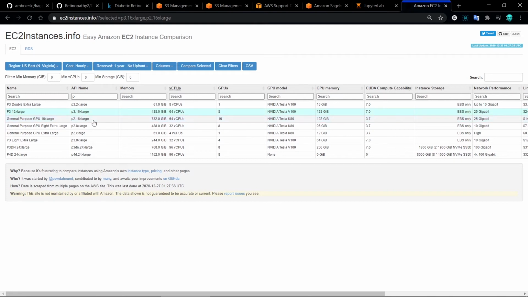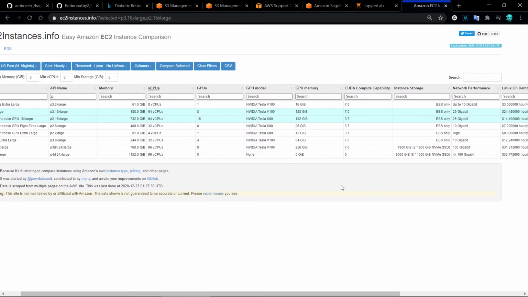These two instances, p3.16xlarge and p2.16xlarge, were the ones we targeted, but we are literally not using much memory. How much memory are we using? Around 150 gigs out of the 500 gigs of memory. That's why I decided to go with it, but actually we are not getting any profit here.